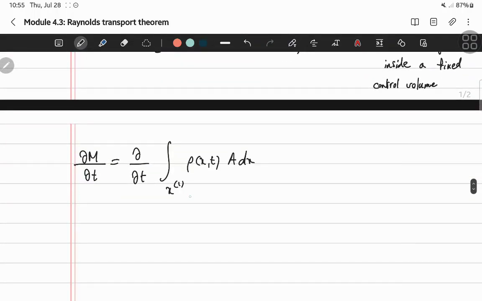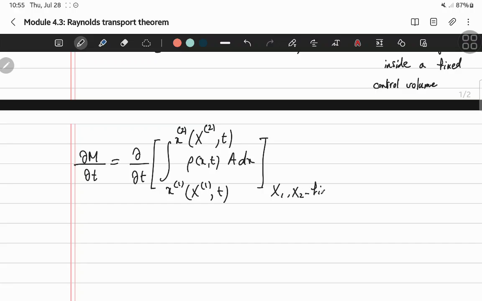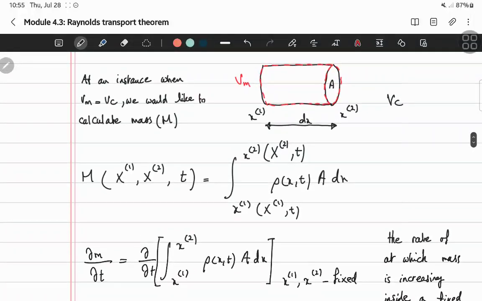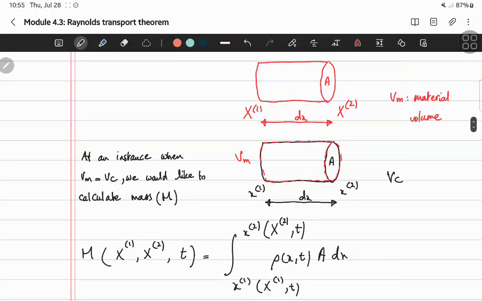This is x1 as a function of capital X1 and t. This is x2 as a function of capital X2 and t. And this is where x1 and x2 are fixed, because then small x1 coincides with capital X1, and small x2 coincides with capital X2.